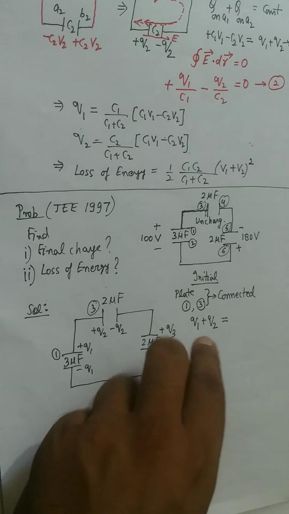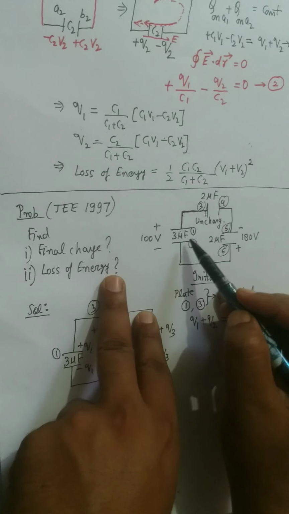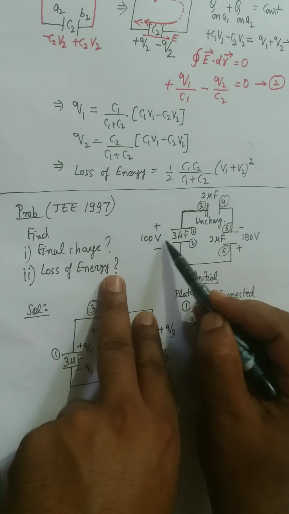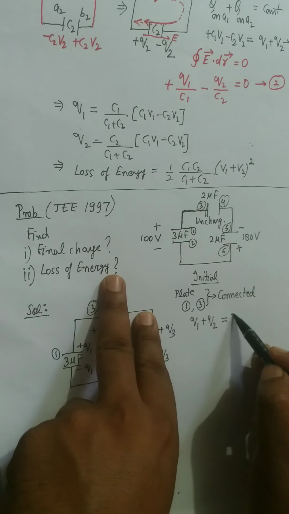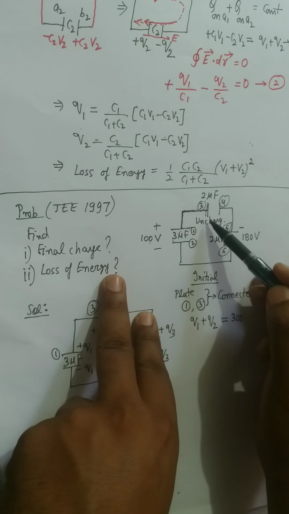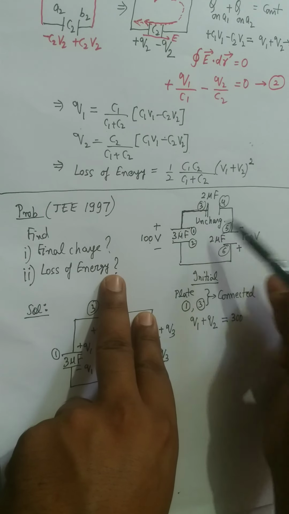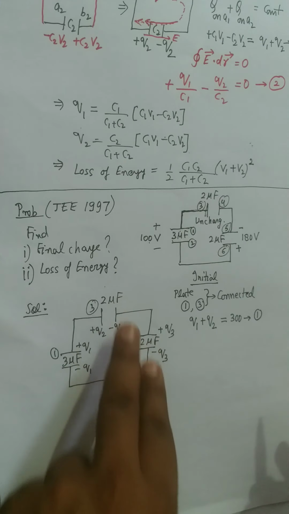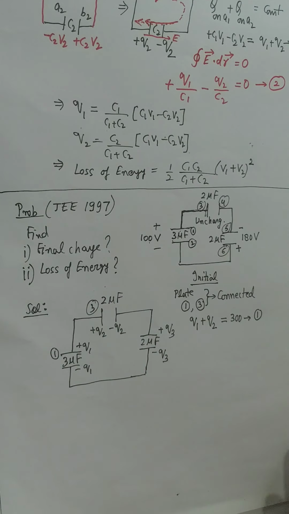In the initial stage, plate 1 has a charge of 100 into 3, which is 300 microcoulomb, and plate number 3 has a charge 0 as it is uncharged. So this is my conservation of charge for plate 1 and plate 3.